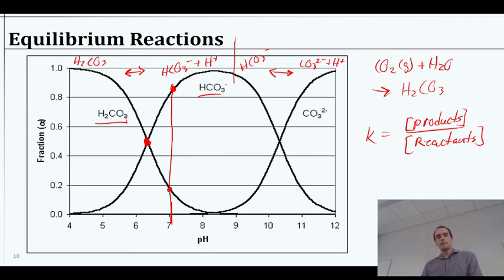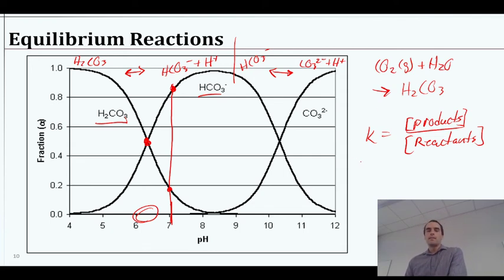Well, actually, you know what? Here's the thing. Sorry. When we do that, if I said products and reactants are equal, what I meant to say was the H2CO3 and the HCO3 minus are equal, because if those two are equal, then the only thing left is the pH, and that tells us at what pH are those two equal, right? So let me write this up properly, and then it will make sense.